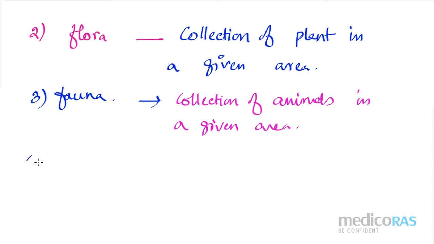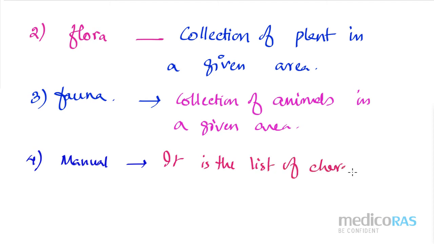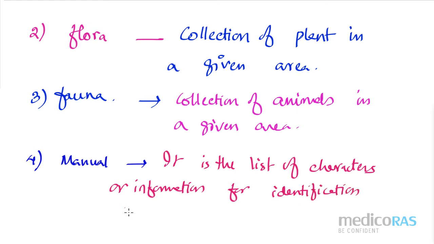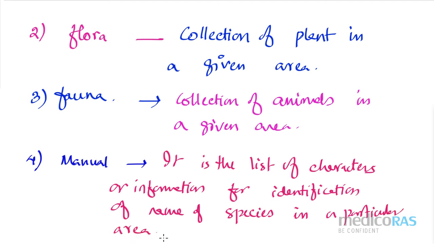Now come to the fourth point, and that is manual. It is the list of characters or information for identification of the name of species in a particular area.